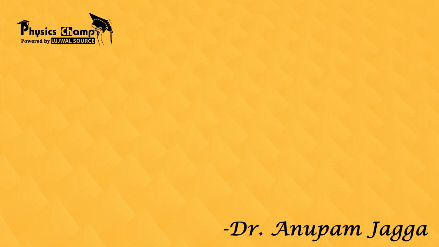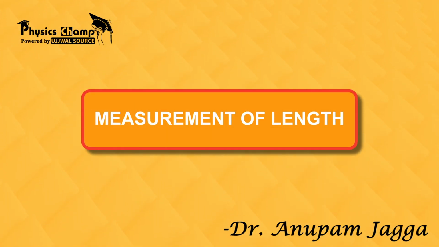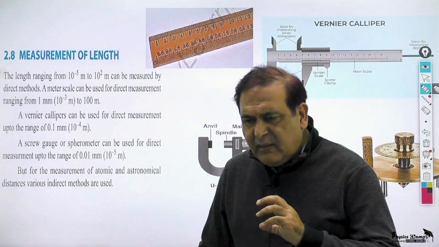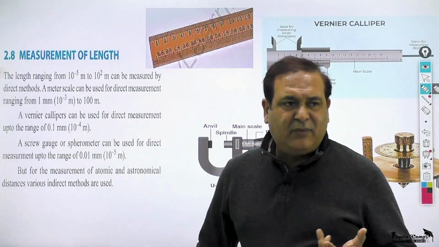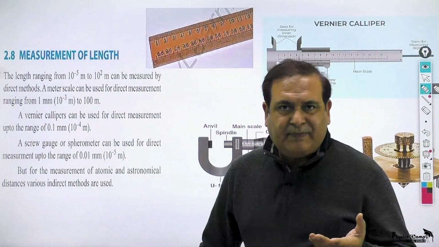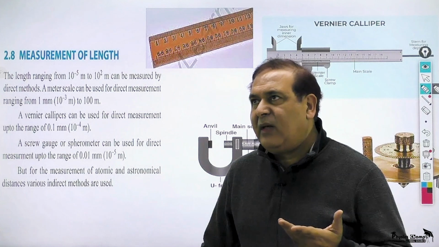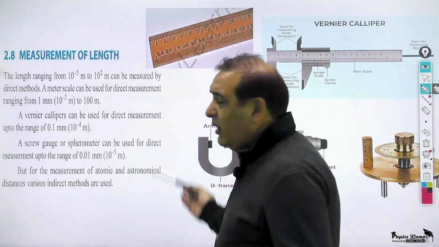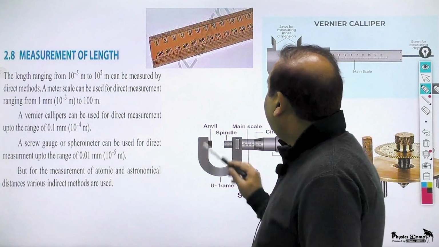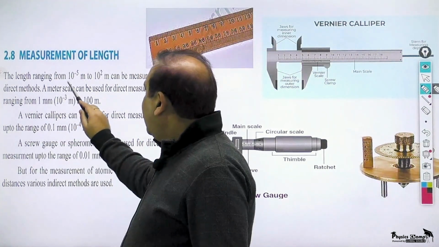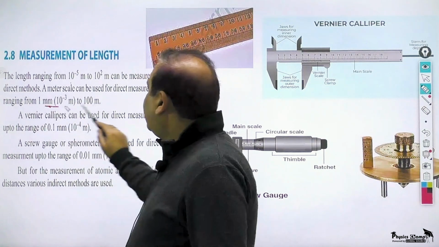Coming to measurement, we have some situations where we can do direct measurement, and we have some situations where direct measurement is not possible. Here I have taken the case in which I am measuring a length from say 1 millimeter to 100 meter.